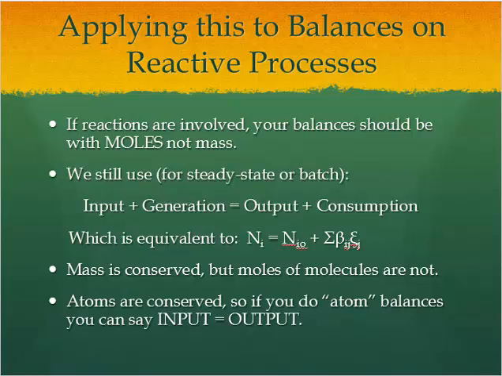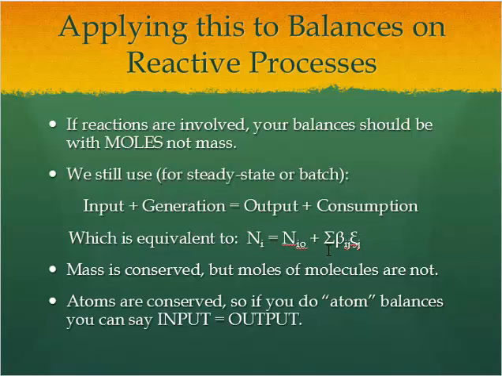And if this is batch, my input is at time 0 and output is at the final time. And I can write all of that using this formal balance, or I can shortcut it and this creates that balance for me as a formula.